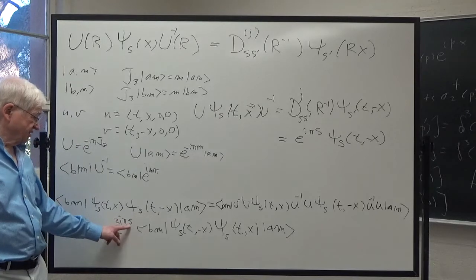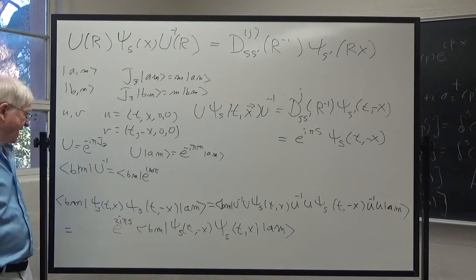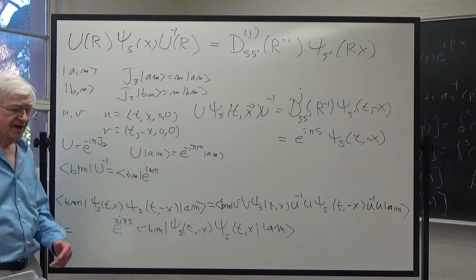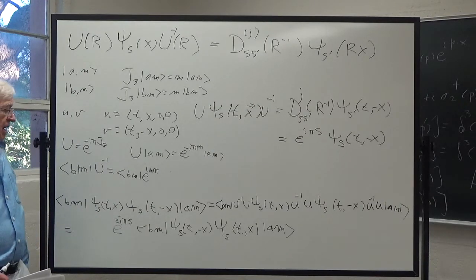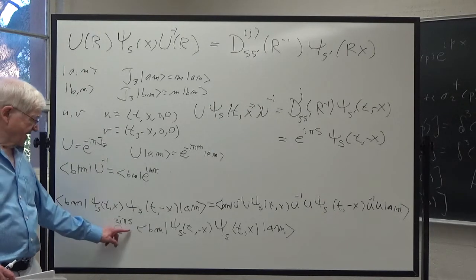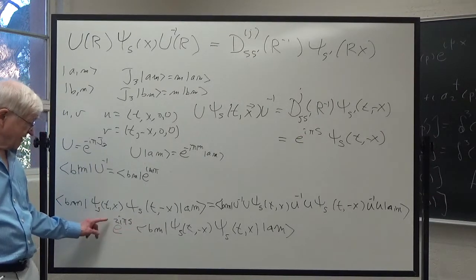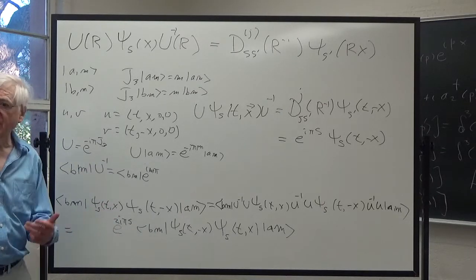If S is an integer, this is just 1. And that tells you that the fields at space-like separations and the same S commute. On the other hand, if S is a half odd integer, if S is a half, 3 halves, 5 halves, 7 halves, then this is equal to e to the I pi, e to the 3I pi, and so forth.